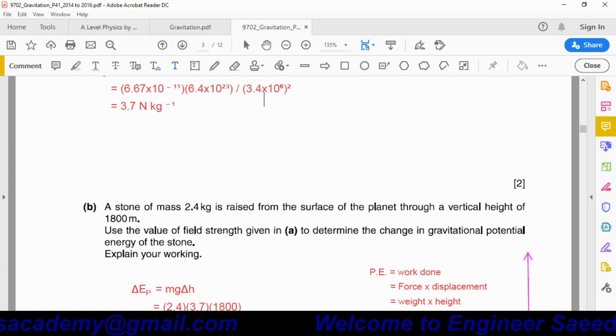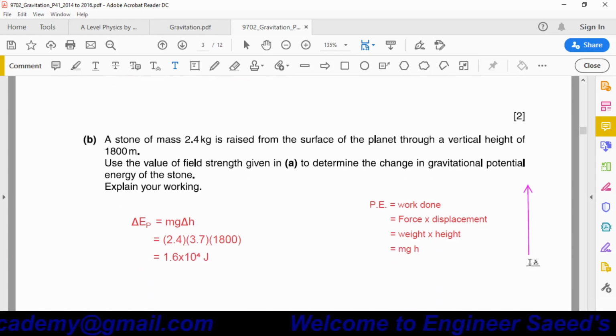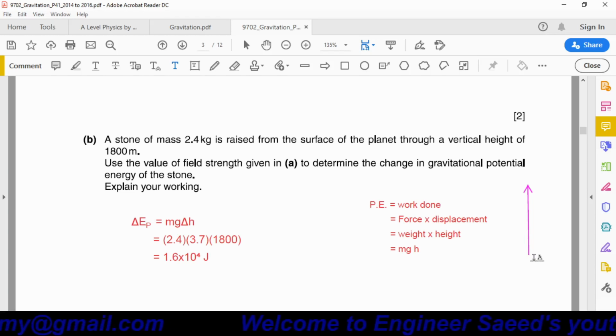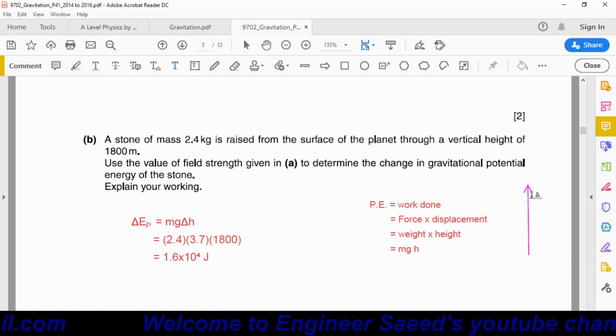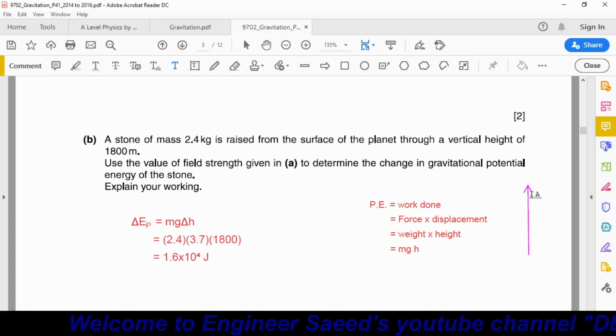Suppose this is the surface of a planet. At the surface, one stone is kept here. We have to raise this stone to a certain height, and calculate the gravitational potential energy at this height.